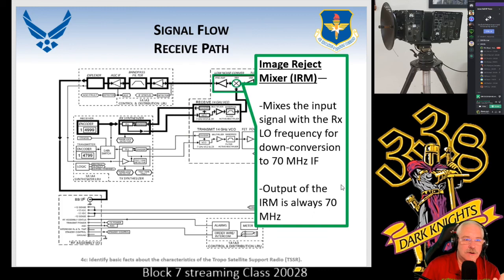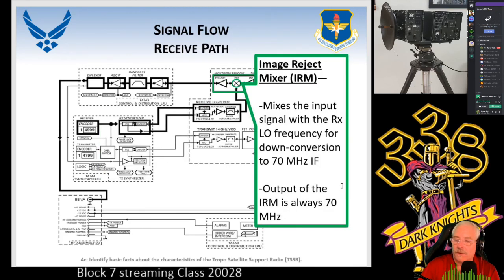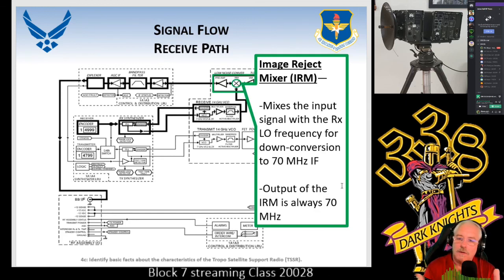In this case, the image reject mixer, your information from the VCO, is from the receiver encoder. Now, the difference between the receiver encoder and the transmit encoder should be a minimum of 200 megahertz apart. So your transmit frequency versus your receive frequency is going to be different. Now, that receiver encoder is going to produce a signal that is somewhere around plus 70 megahertz or below the 70 megahertz from the operating frequency.